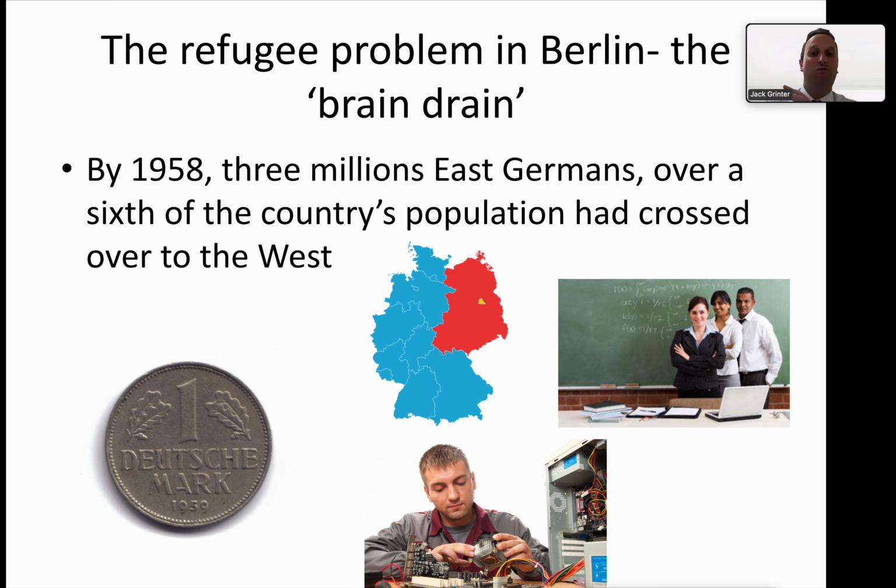These were people that are very important for an economy: engineers, doctors. I might throw teachers in there as well. They were very important for the economy, and if you think of the workforce, they provide labour, which is going to help the economy. They're also going to be paying taxation. These people were leaving. They were crossing from east to west.